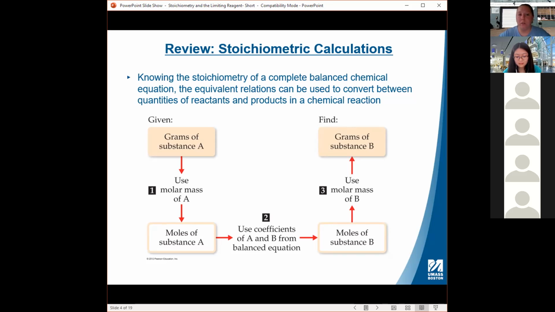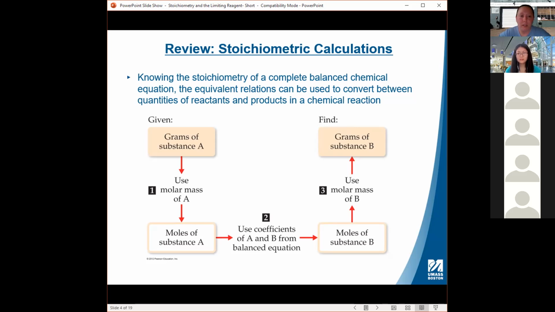If we start with grams of a substance, in order to compare that to another substance, we need to convert it to moles. We can do that by using the molar mass. The molar mass is the grams of a compound in 1 mole of that compound.